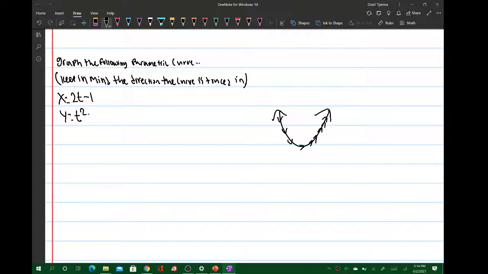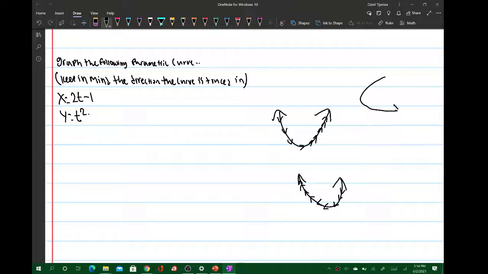You can have that, or you can also have something like this. It really depends, and that's why when you graph these, you not only have to trace the curve, but you have to keep in mind what direction it is headed.